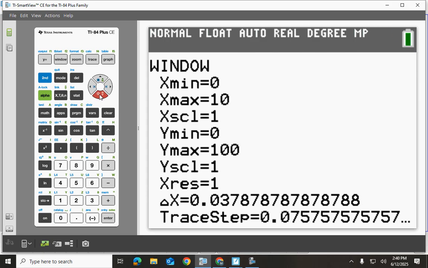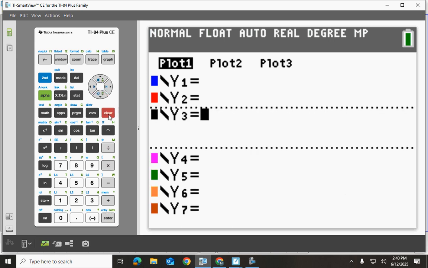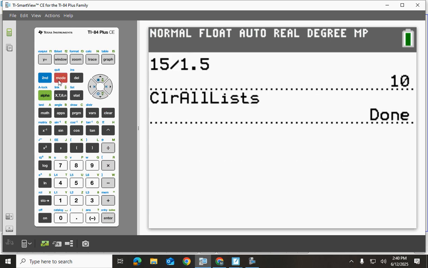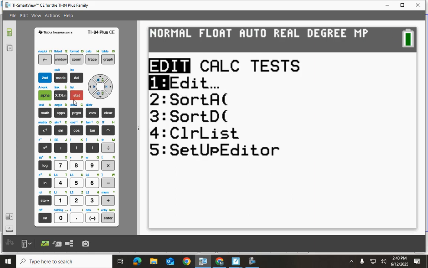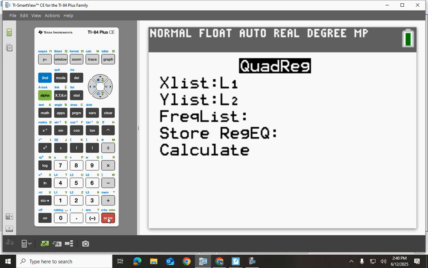Go to Y equals, turn plot 1 on, clear off everything else. Quit out. Find your equation. So stat, calc, quad reg. That is number 5 that you're going to pick. Go to calculate.